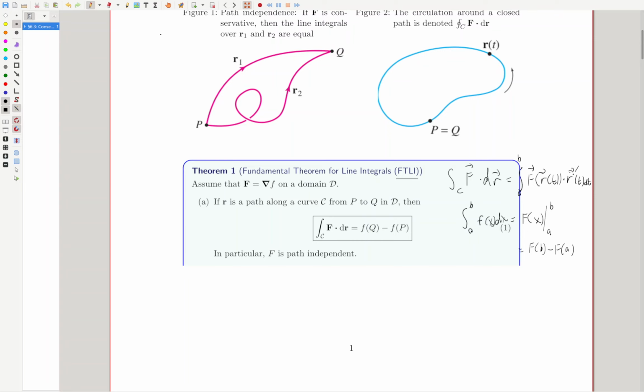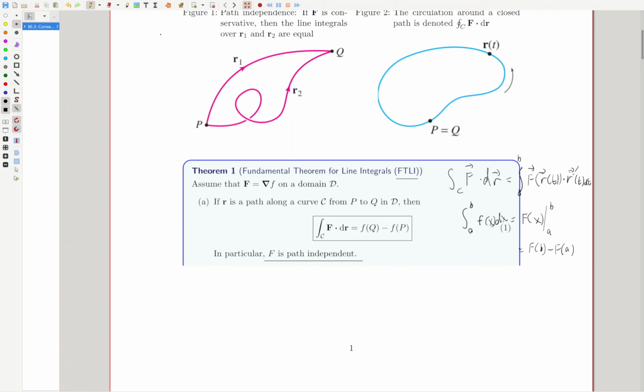And then moreover, note that when we use this formula, we don't factor in the specific path itself, the path between point P and point Q. So what we say is that F is path independent. The vector field is path independent.